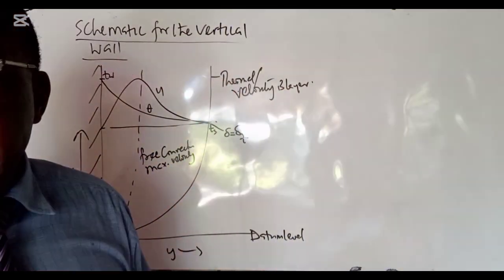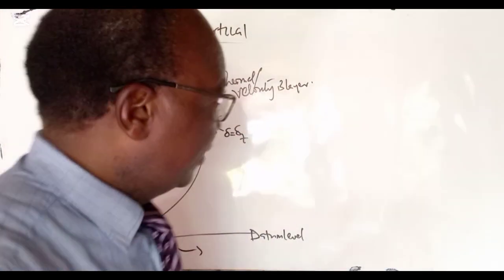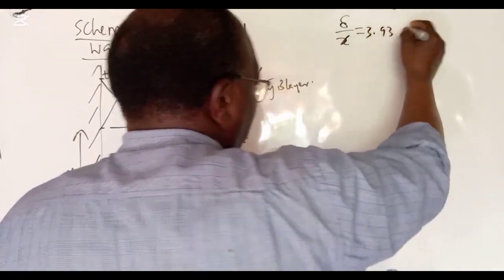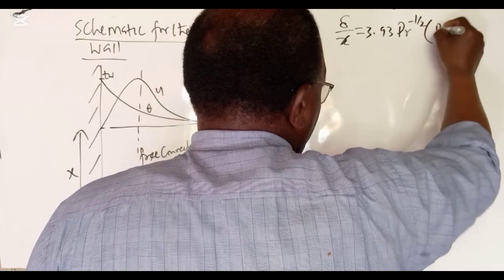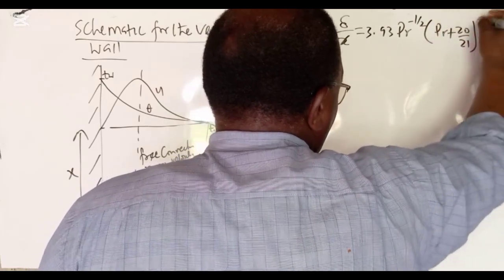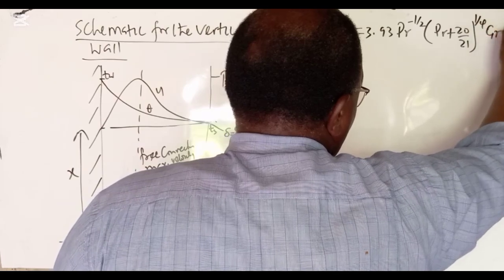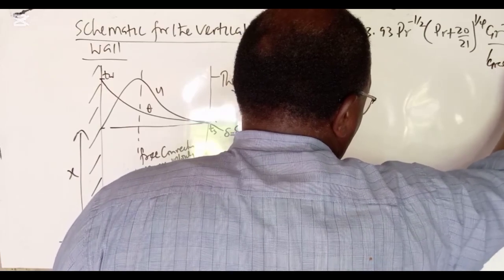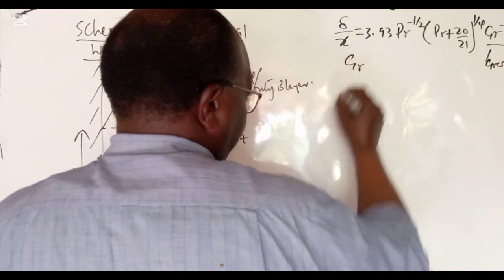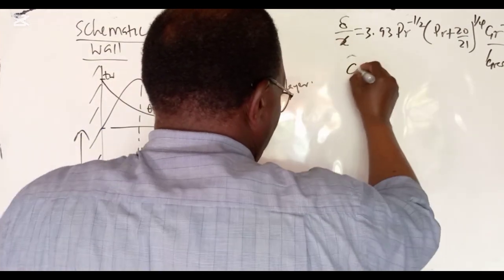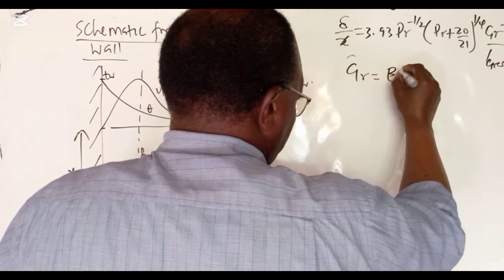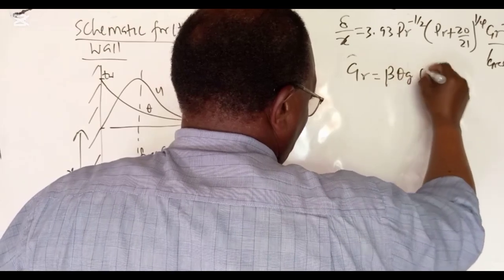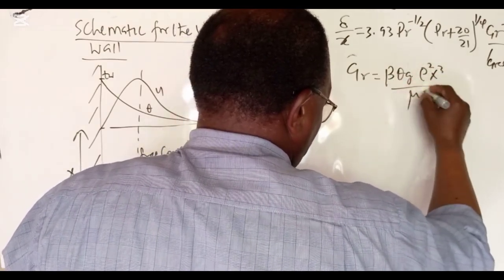And we had said that from empirical and theoretical data, sigma over x was 3.93 into Prandtl's number, and that we call the Grashof number, which, if you remember, we said was mu squared.